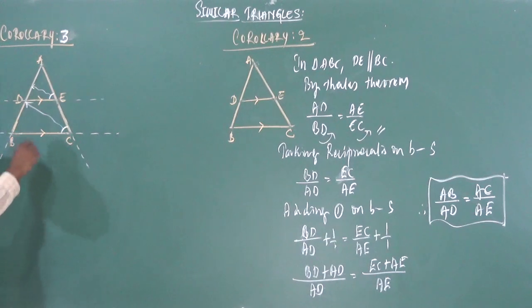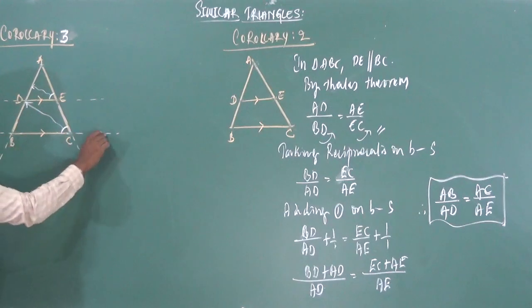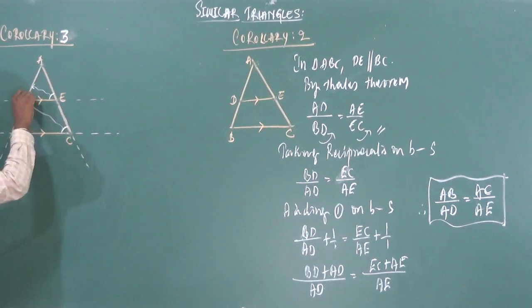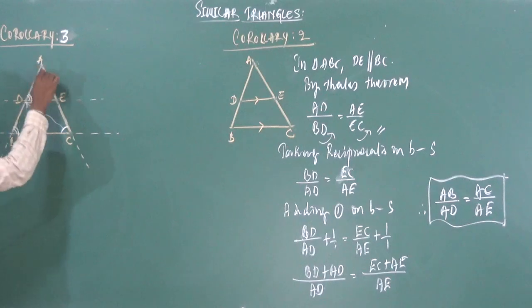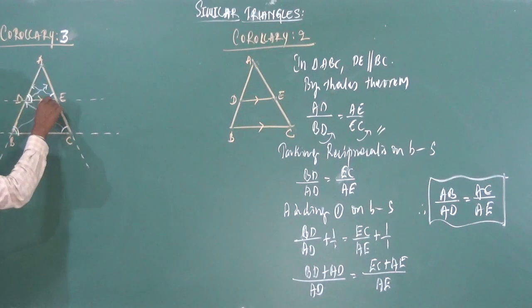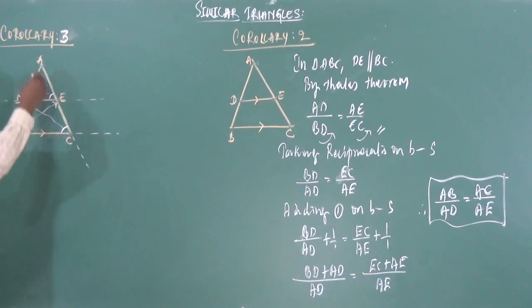Right? The same thing here also: these are the two parallel lines, this is the transversal. Because these two angles are equal, opposite to this angle is AE, and opposite to this angle in triangle ABC is AC. So for AE, AC is the corresponding side.